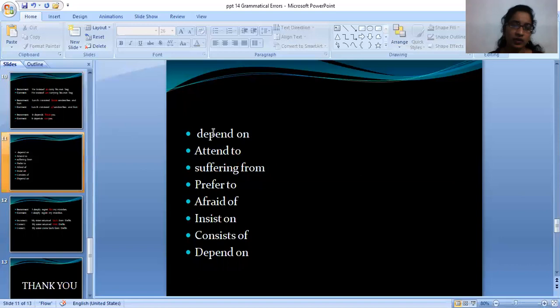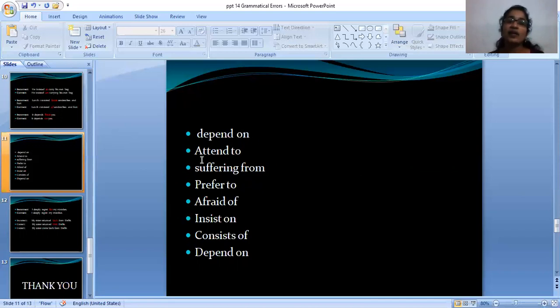So for whatever pairs we use here, I'm giving them in this one slide. If you use the word depend, you have to use the preposition "on". If you are using the verb attend, you have to use the preposition "to".